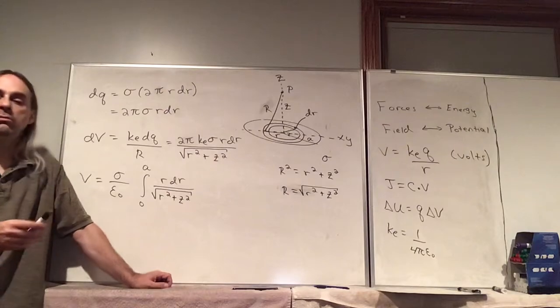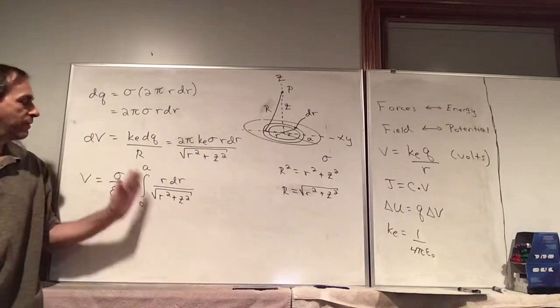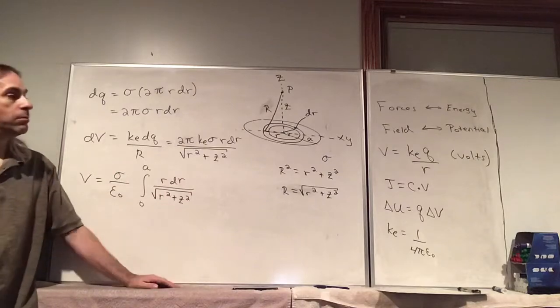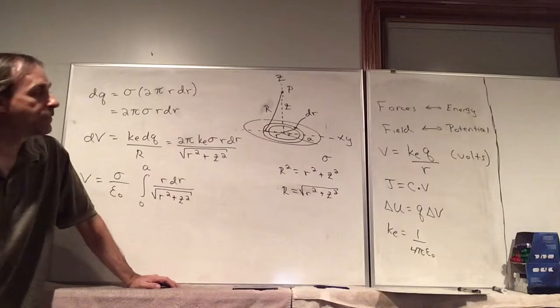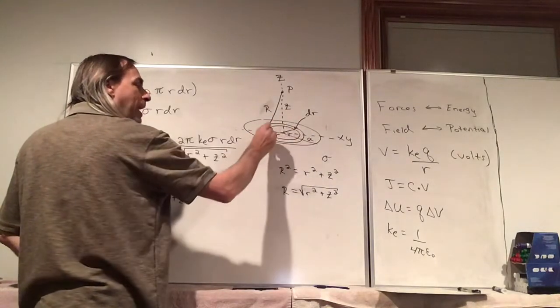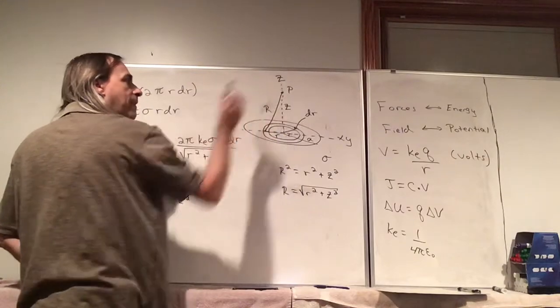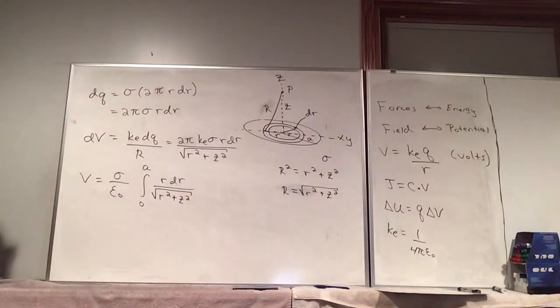So in general, integrating over an area like a disk would involve a double integral. But in this case, that's not really necessary. We can just talk about the potential due to this ring at a radius r at this point P, because every point in that ring is the same distance away.